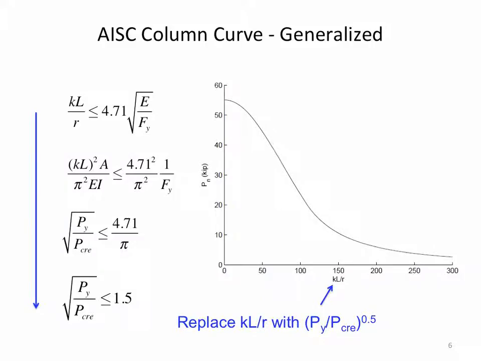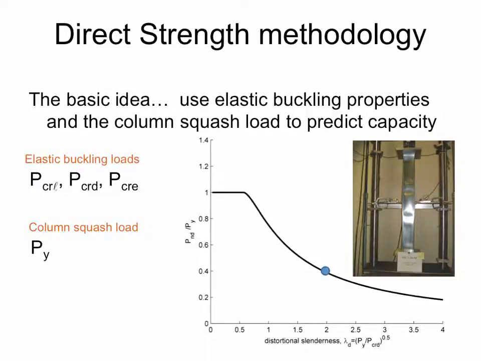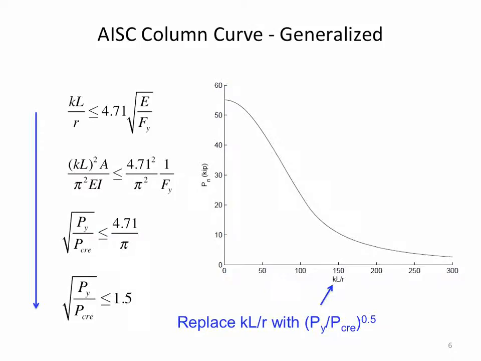And I should mention that the column curve itself uses P_cre here. The AISC, which you're maybe more familiar with, uses KL over R, which was originally derived for flexural buckling. But in the cold form steel S100 code, if you play around with the limits of the column curve, you end up with this alternative equation or limit for global slenderness.